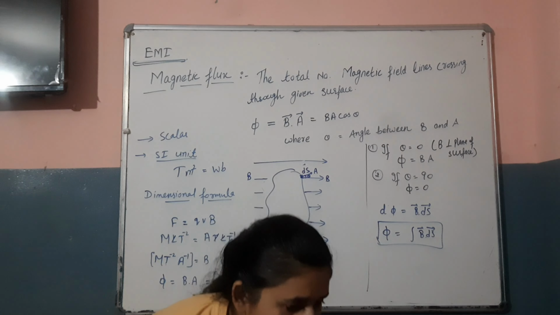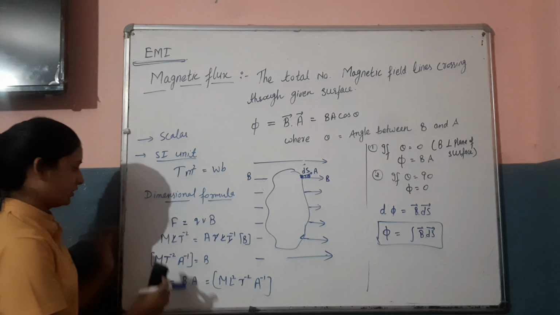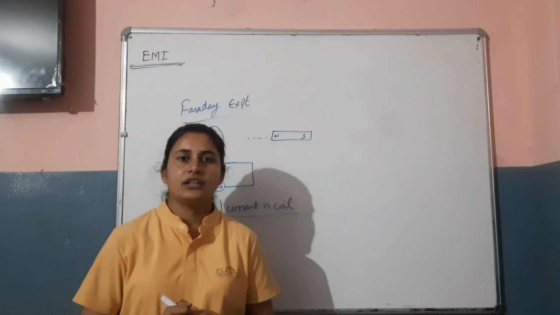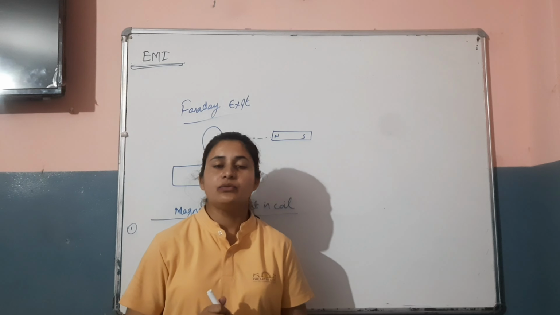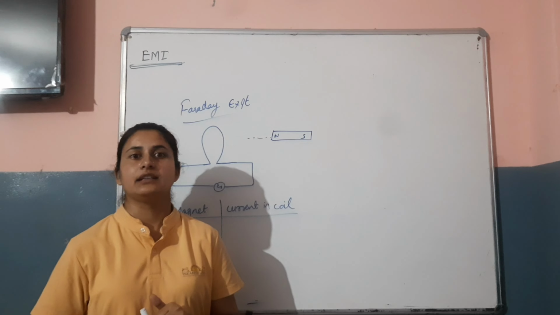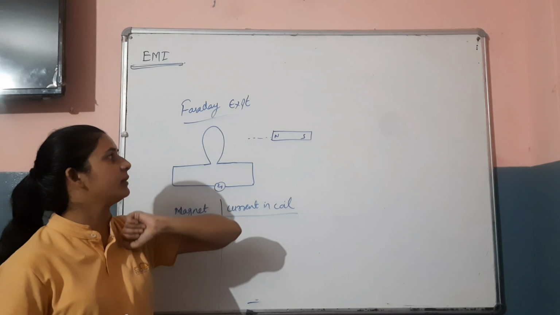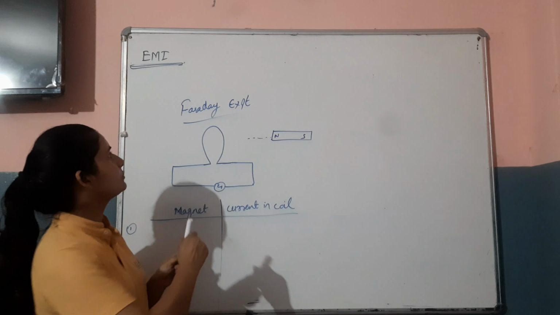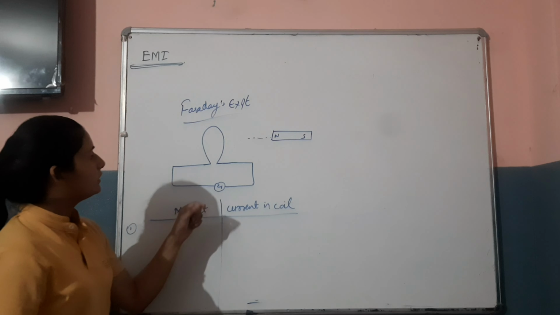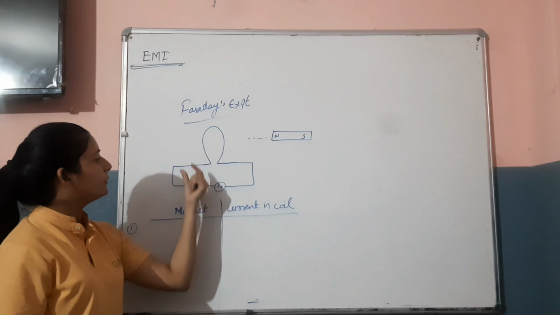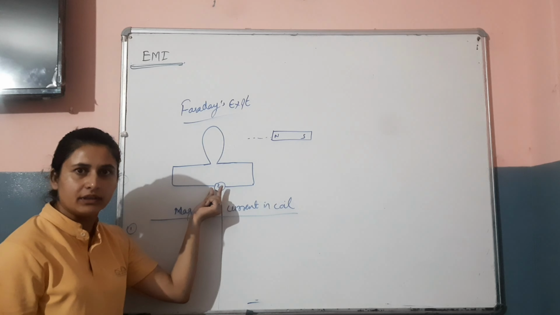Now coming on to understand electromagnetic induction. To understand electromagnetic induction, we have to know about Faraday's experiment, because Faraday's experiment led to the discovery of this phenomenon, electromagnetic induction. So in this experiment, there is a coil which is connected to the galvanometer.